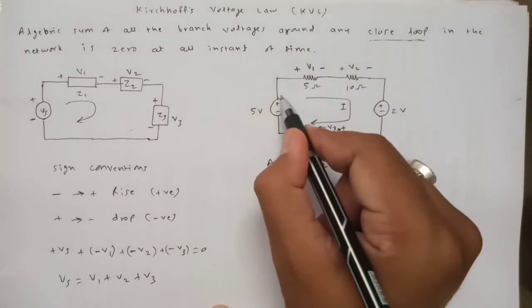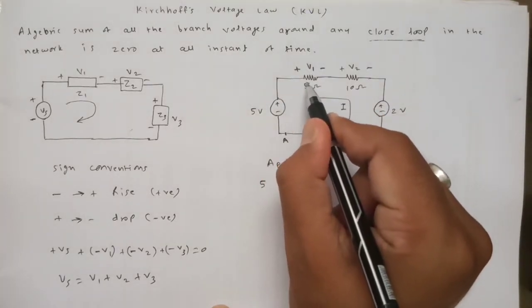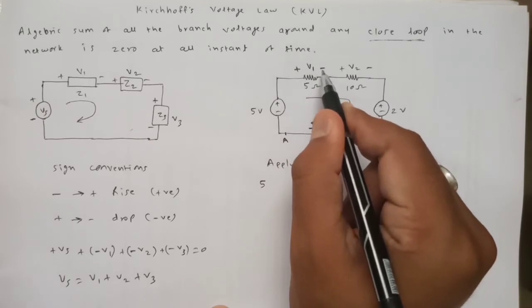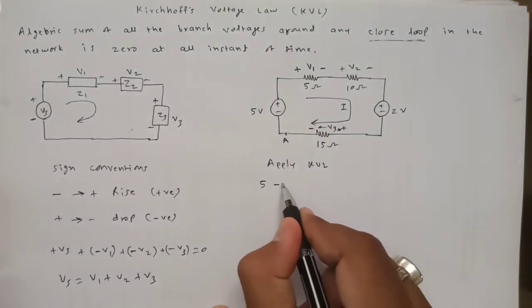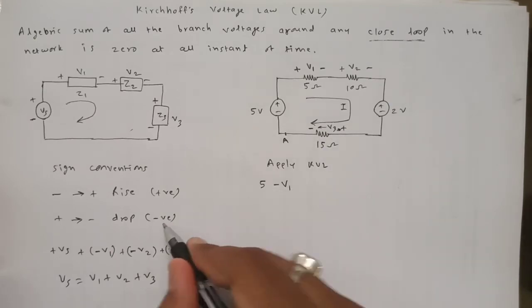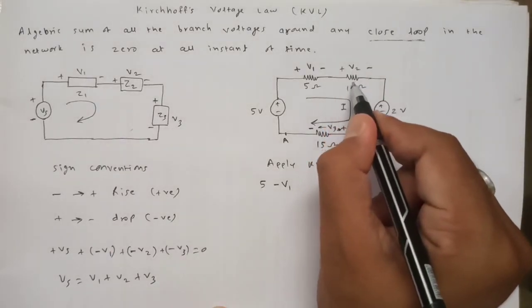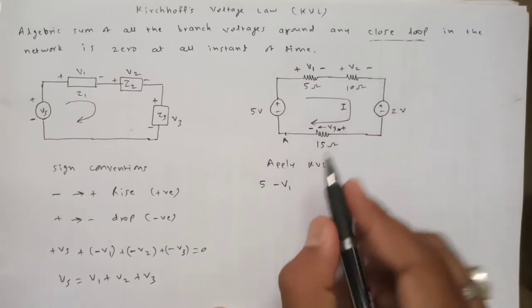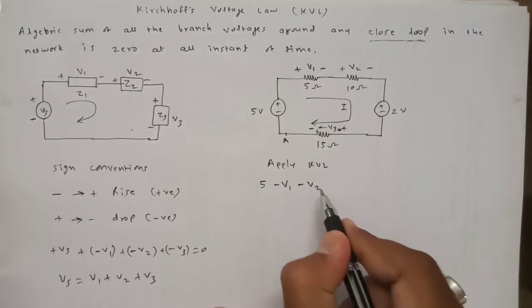Then we come here, and we are moving from positive to negative, so that's why the voltage V1 should be considered to be negative. Remember this. Again, in the course of journey, here then comes V2, but we have to move from positive to negative, that's why again it is minus V2.